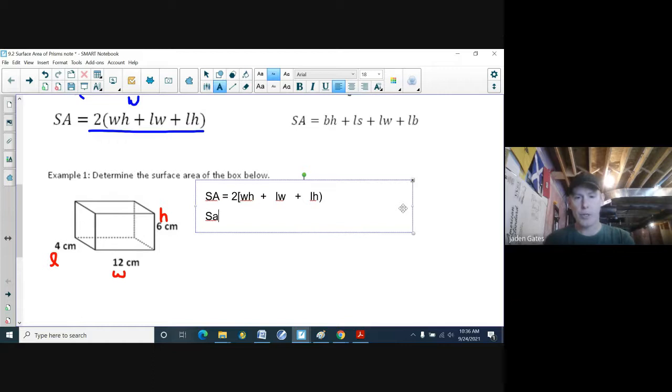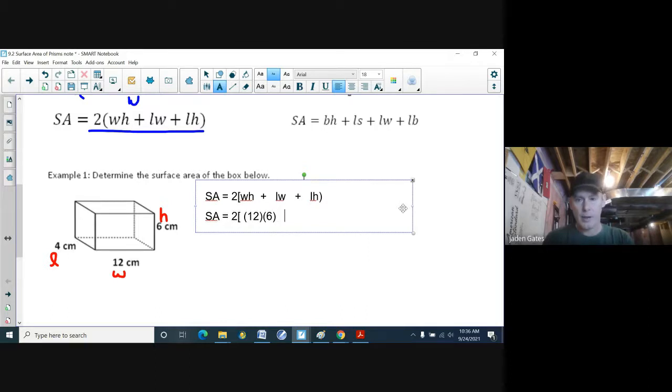Now I'm going to substitute in. This is why it's really important to label your diagram of what's what, so that when you're reusing this formula with so many variables, we don't mess up putting them in, or put one in twice and miss one. So I have W times H to start off. W is 12, and H is 6.